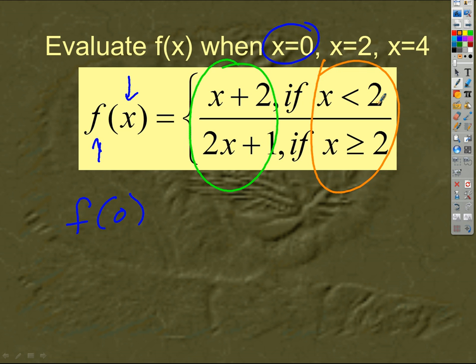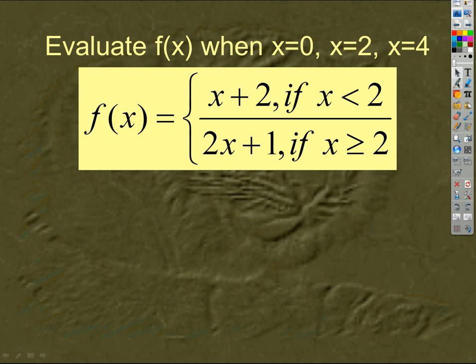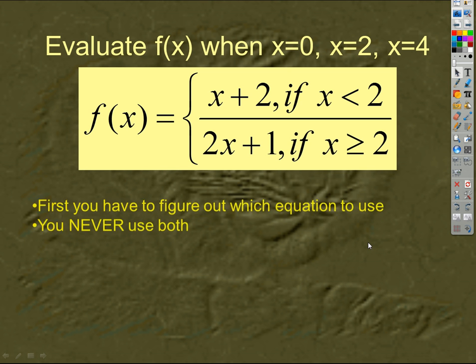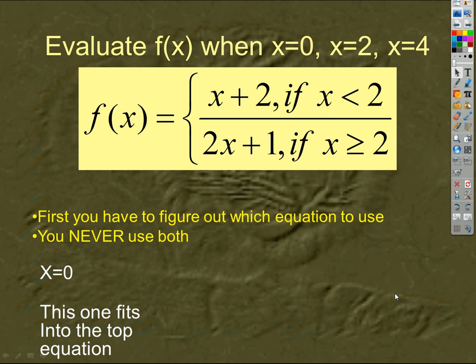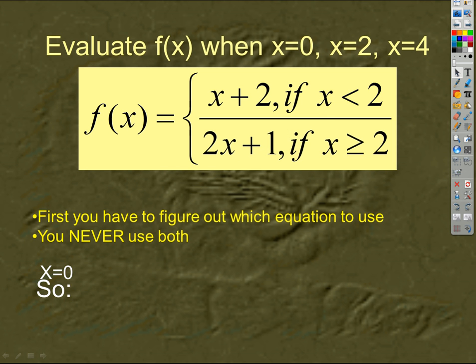In this first case, we have to figure out which one to use. We never use both. When x is 0, we're using the top one, because 0 is less than 2. So f of 0 would just be 0 plus 2, which is 2. Make sense?